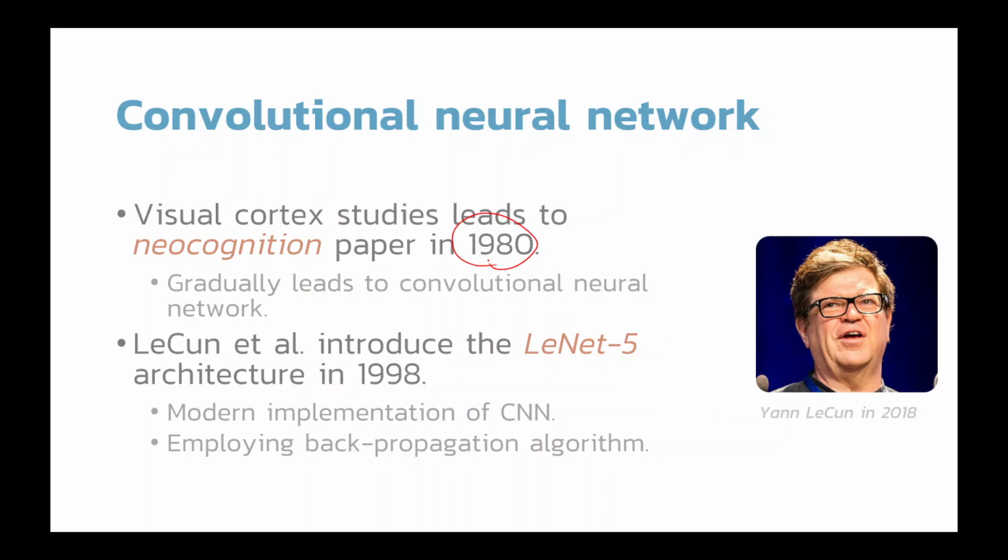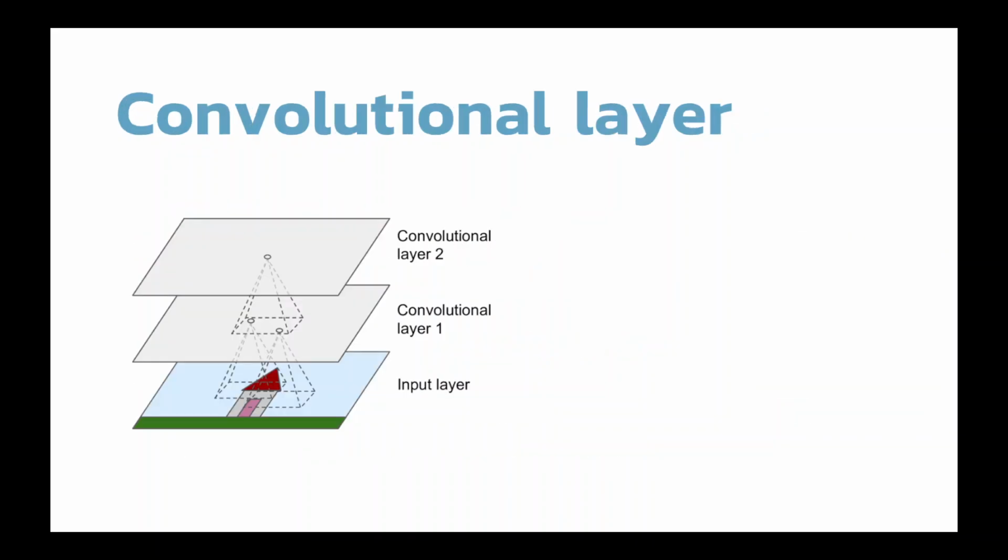But it wasn't until 1998, almost 20 years later, that CNN was actually born. It's quite a long time, right? It's almost 20, 30 years old in terms of machine learning. It's ancient already. So people have solved this for a long time.